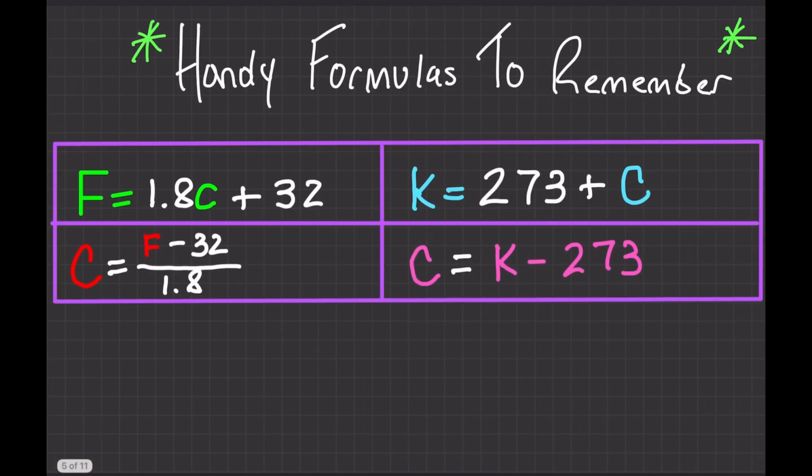So again, here are some handy formulas you guys might want to remember: going from Fahrenheit to Celsius or Celsius to Fahrenheit, Kelvin to Celsius, and Celsius to Kelvin. There are different formulas that we'll be using based on the practice problems, and it's about knowing which one to use.